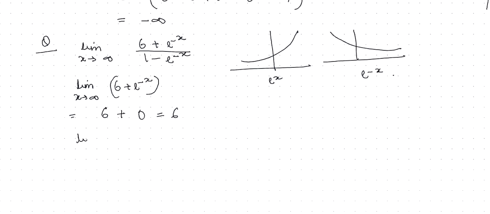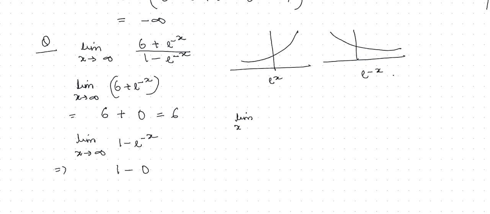So the limit as x tends to infinity of 1 minus e^(-x). This gives 1, and in the graph of e^(-x), as it goes towards infinity, it is becoming 0.